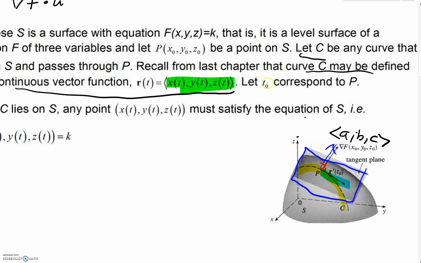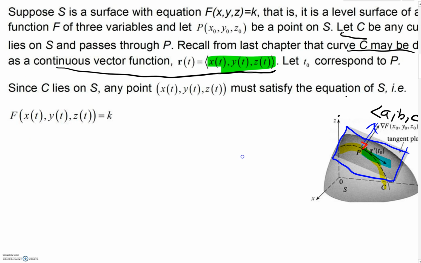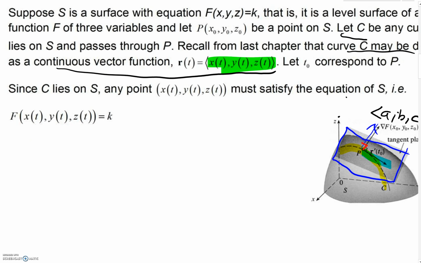We could call that t naught. Since that curve lies on that surface, any point on that curve must satisfy the surface equation. In other words, it's satisfying f of x, y, z equals k.